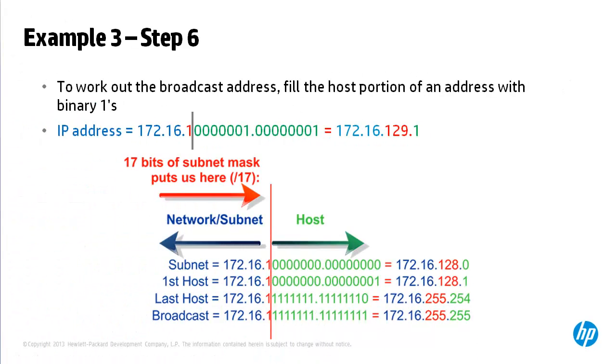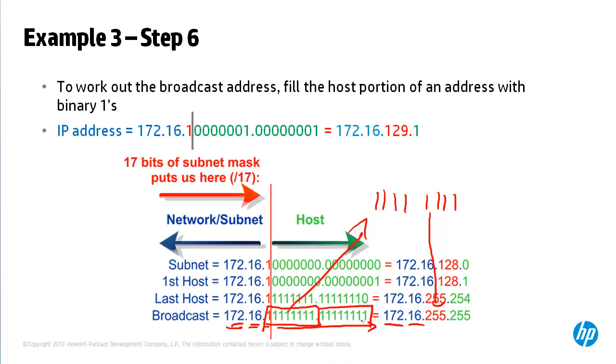The last step is to work out the broadcast address. To work out the broadcast, we fill the host portion with binary 1s. So 172.16, and the host portion is filled with binary 1s. The third octet is 8 binary 1s, which means 255.